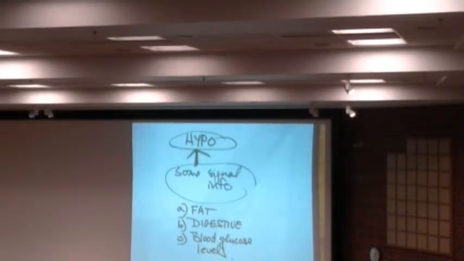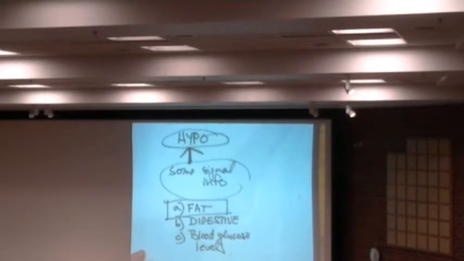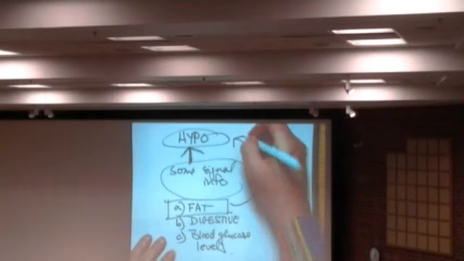Now, from what we know about what starts puberty, we know that there is communication between fat cells in the body and the hypothalamus.